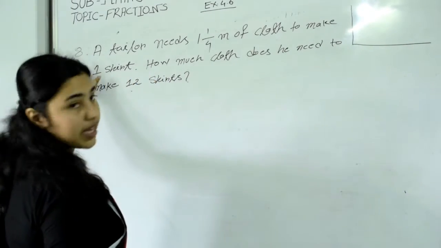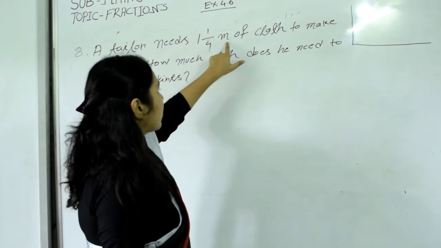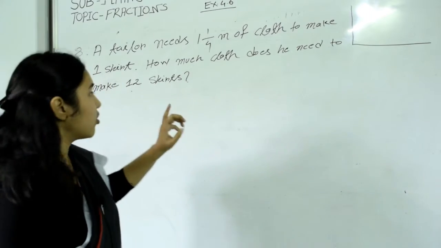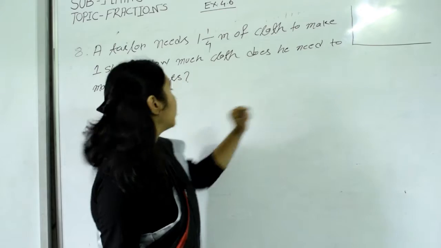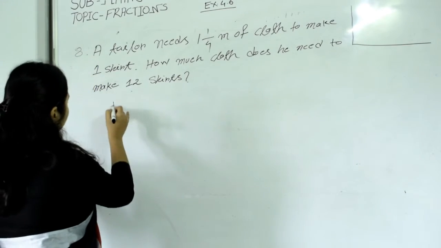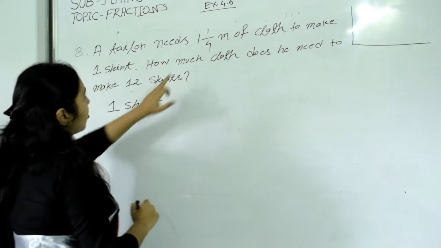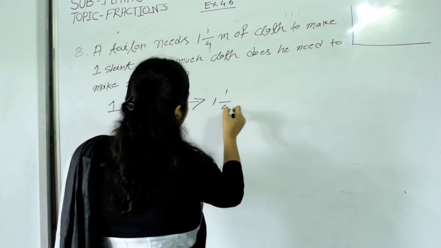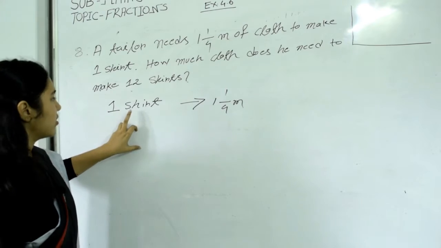Next, problem number 8. A tailor needs 1 and 1 by 4 meter of cloth to make one shirt. Okay, so how much cloth does he need to make 12 shirts? So here the tailor needs 1 and 1 by 4 meter of cloth to make one shirt, right?